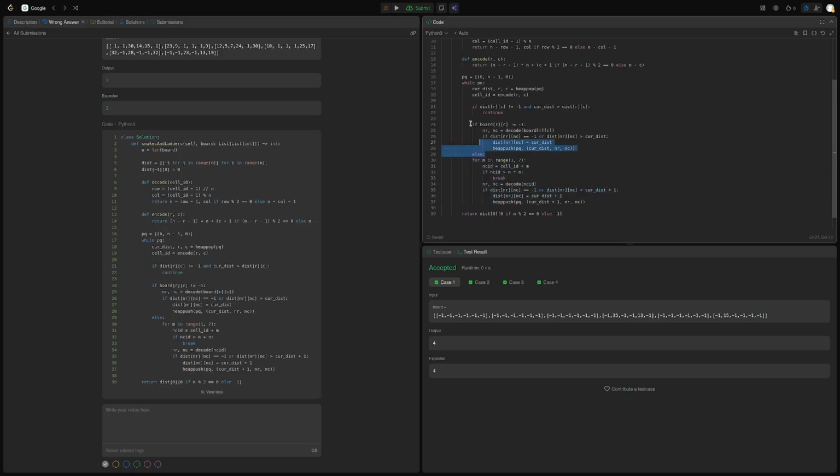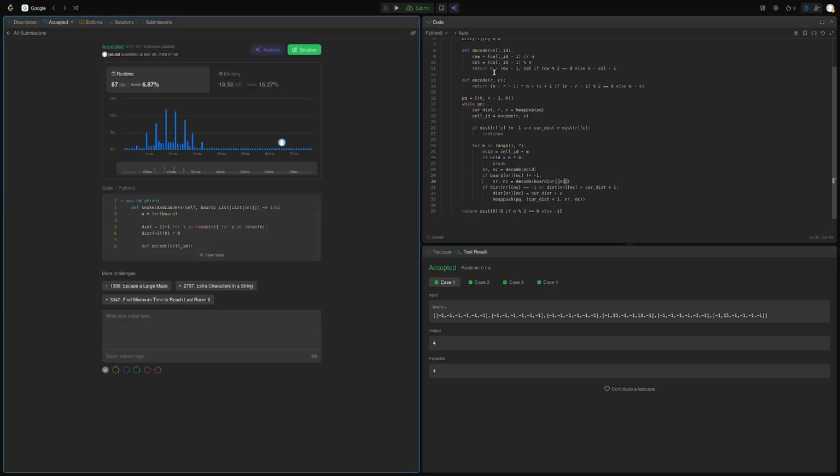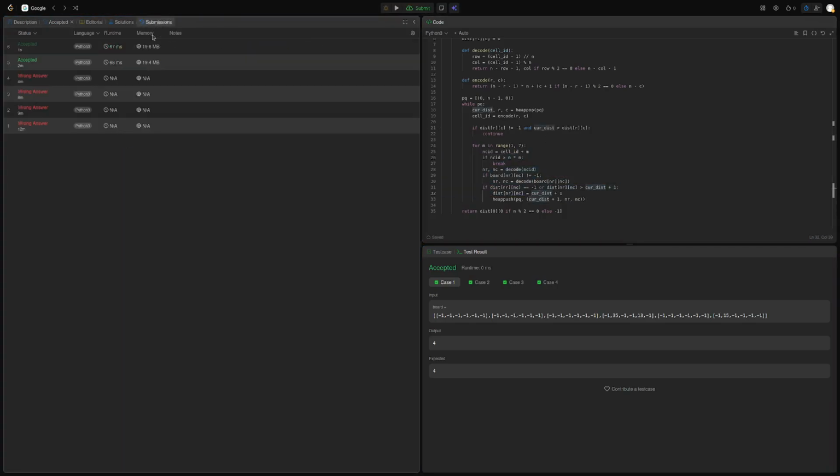So I guess this would pass if I would use, so if port nr nc don't equal -1, nr nc port nr nc, yeah, this passes also. Okay, nice.